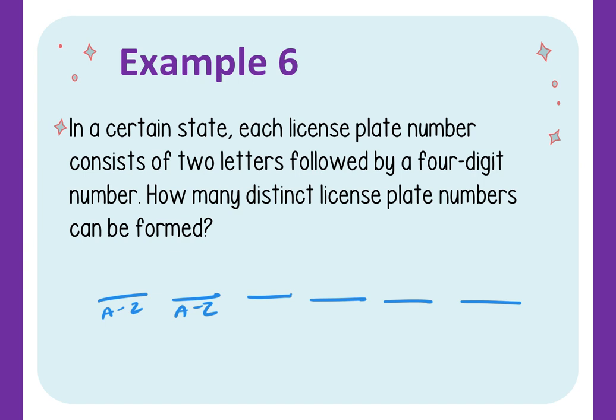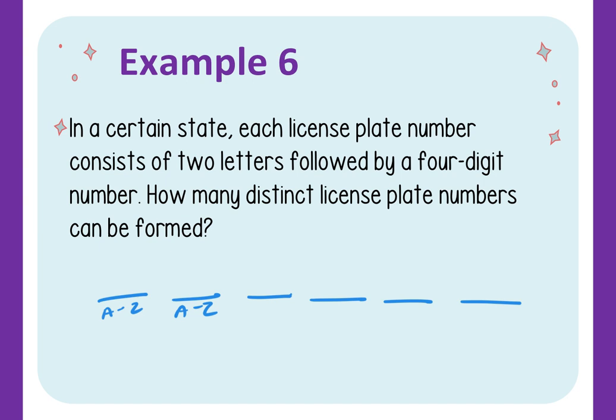So it says followed by a 4-digit number means there are 4 1-digit numbers. How many 1-digit numbers are there? 10. 0 counts. 0, 1, 2, 3, 4, 5, 6, 7, 8, 9. So there are 10 single-digit numbers. How many letters?